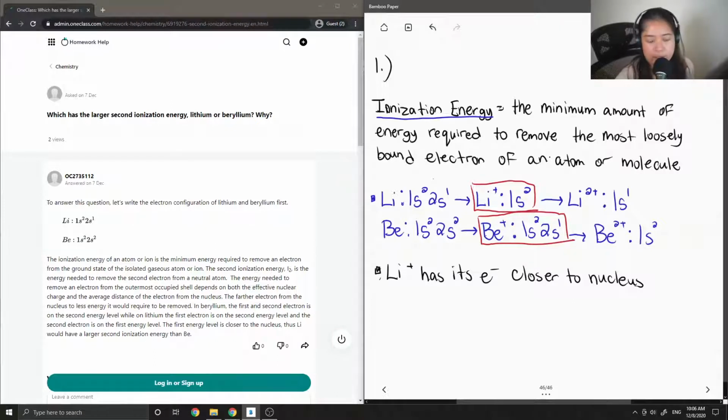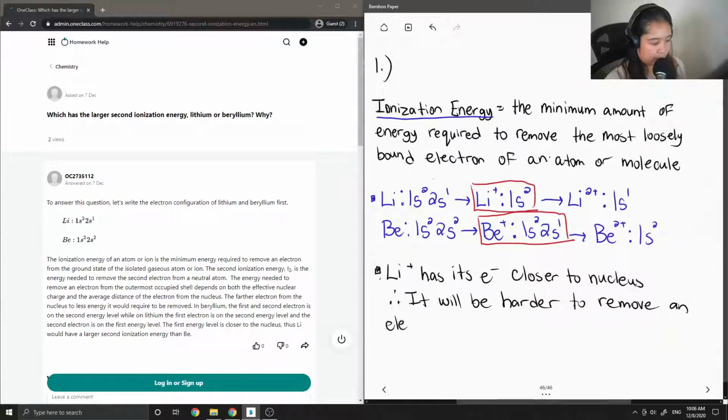So the closer you are to the nucleus, the harder it is to remove an electron because of the positive charge of the nucleus. So therefore, it will be harder to remove an additional electron.